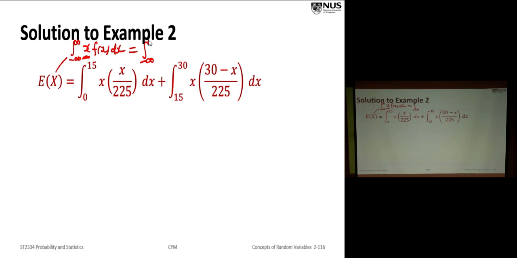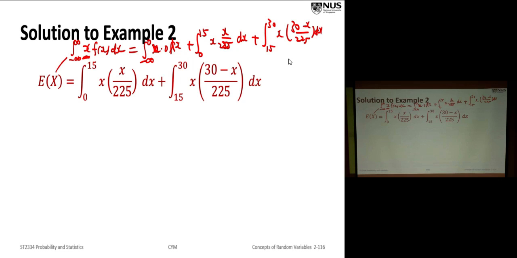Minus infinity to 0, x times 0 dx, plus from 0 to 15, x times x over 225 dx, plus from 15 to 30, x times (30 minus x) over 225 dx, plus from 30 to infinity, x times 0 dx.